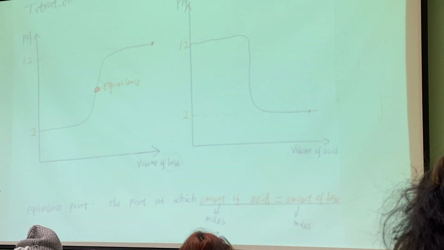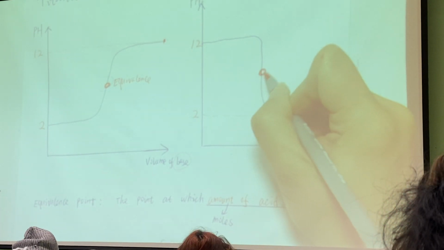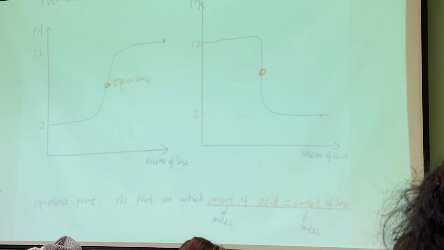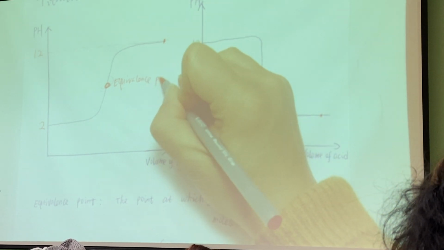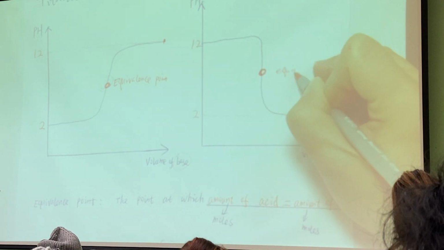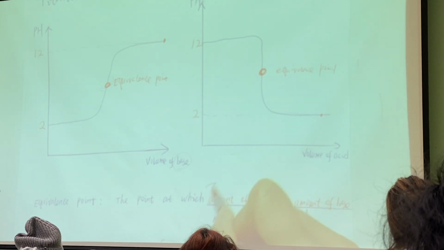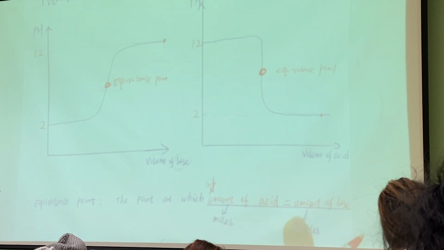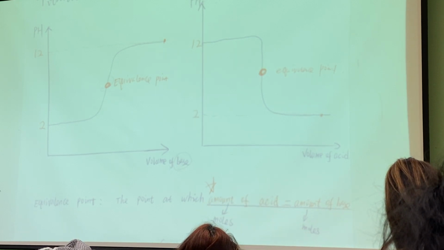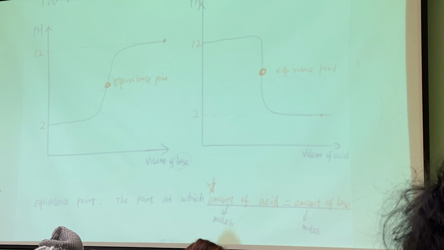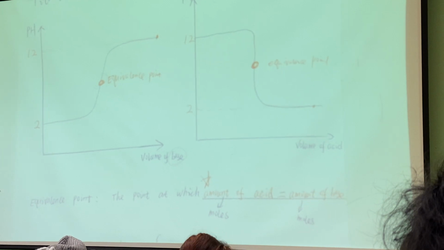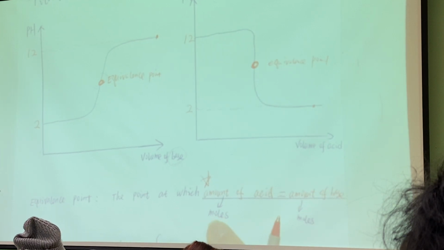Two possibilities for titration, and no matter which one, you're going to reach an ending point, which we call the equivalence point. A very important property of the equivalence point is moles equal moles. That is the foundation, all the theory behind the titration, of how you determine the ending point. When you reach the point, the amount of acid equals the amount of base. Be careful again, it's the amount, moles.